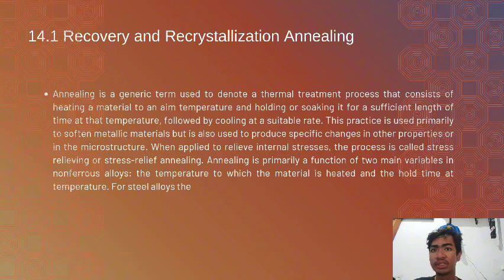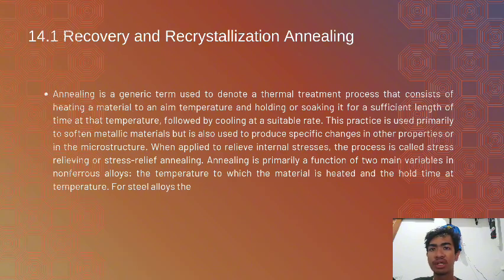This practice is used primarily to soften metallic materials, but it is also used to produce specific changes in other properties or in microstructure. When applied to relieve internal stress, the process is called stress relieving or stress relief annealing.